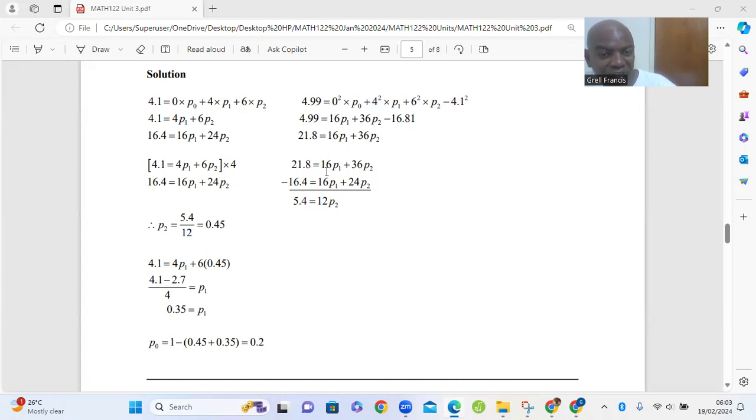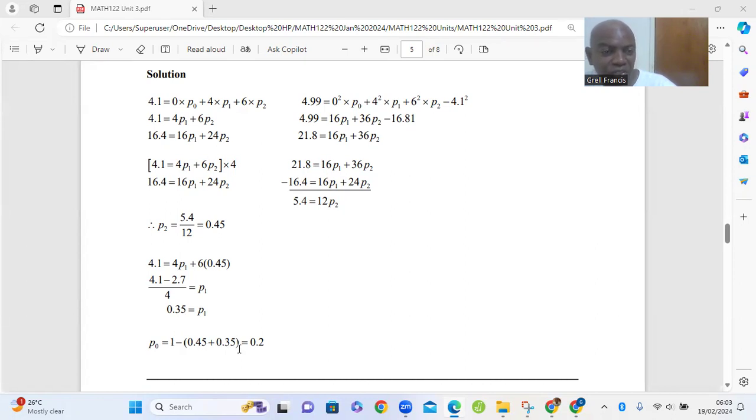But then when we have 16 and 16, we can subtract, cancel out p sub 1, and then solve for p sub 2. And then when p sub 2 has been solved, substitute back into any one of the equations to solve for p sub 1, and then use that third formula, the sum of the probabilities must add up to 1. So we add p sub 1 and p sub 2, and subtract from 1 to get p sub 0.